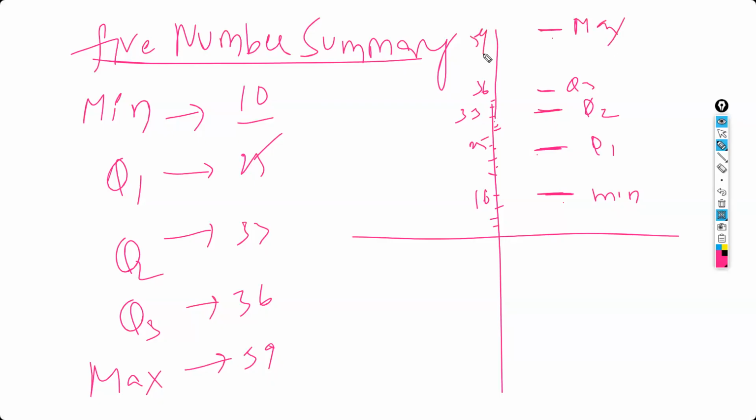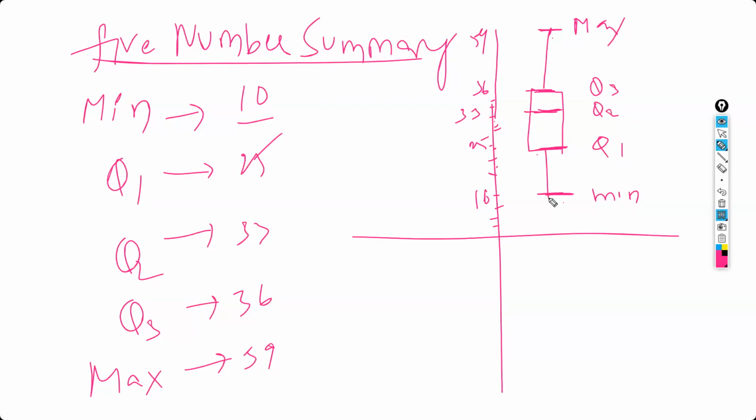Now, whatever the Q1, Q2 and Q3 are, you have to attach with a box. What are the three values? Q3, Q2, Q1. These three you have to attach with a box, and the remaining two you have to extend with whiskers.